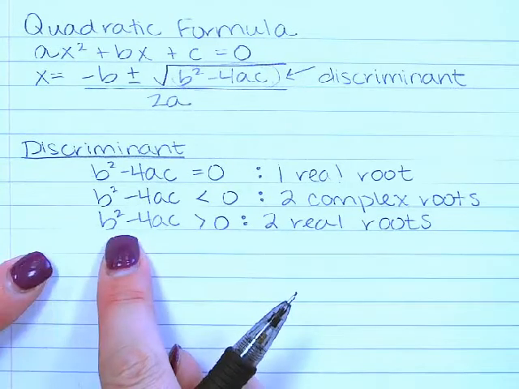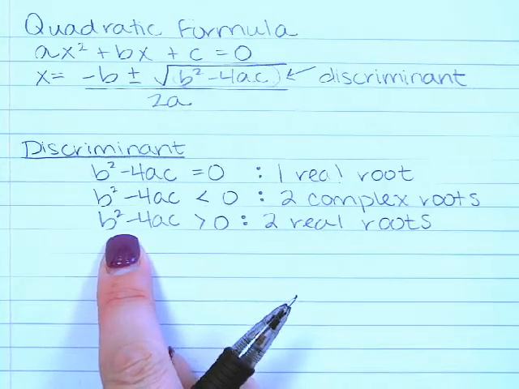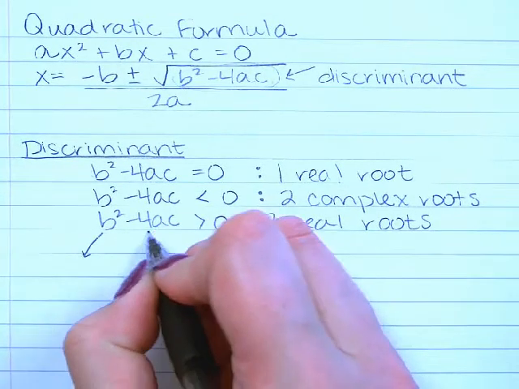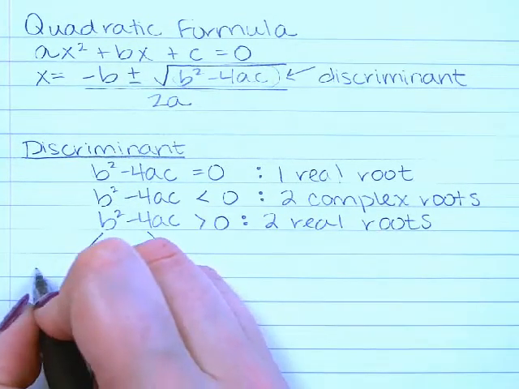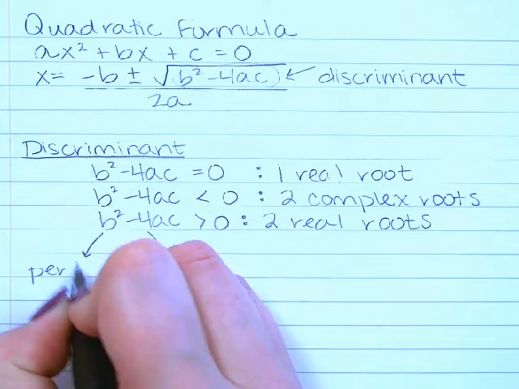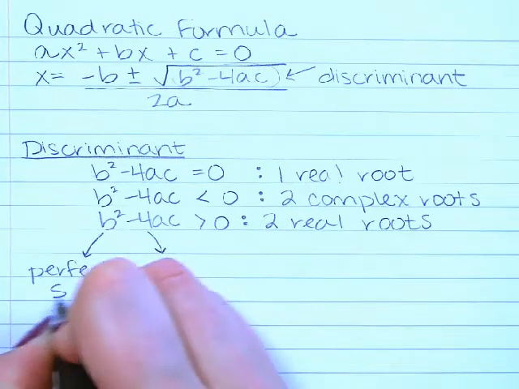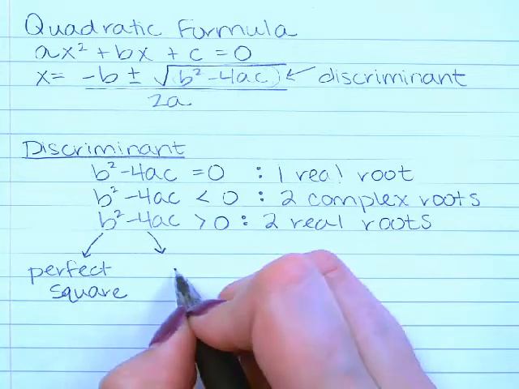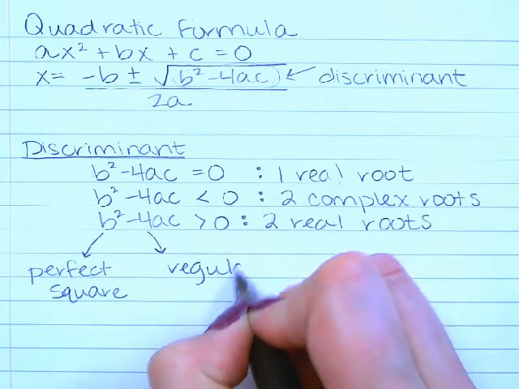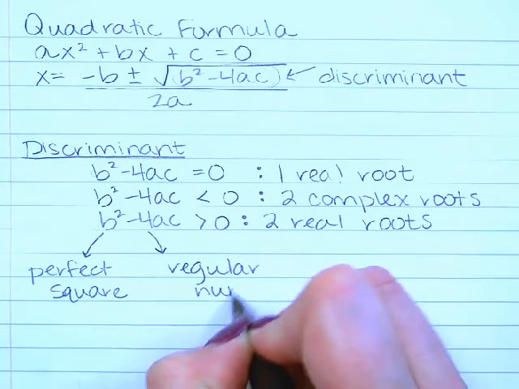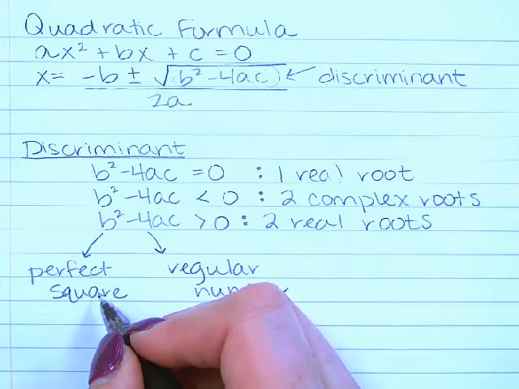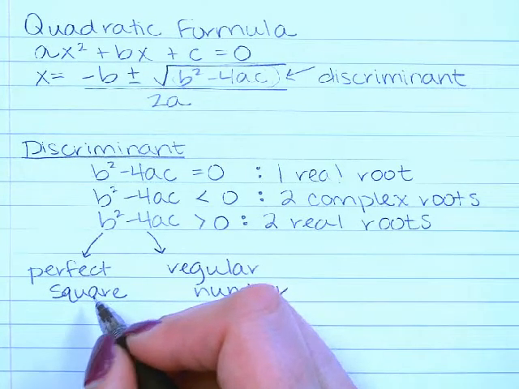Now, when you get 2 real roots, there can be 2 different situations that will happen. One situation is that this is a perfect square. And the other situation is it's just, I call it a regular number. So a perfect square would be like 1, 9, 25, 144, 100, something like that.